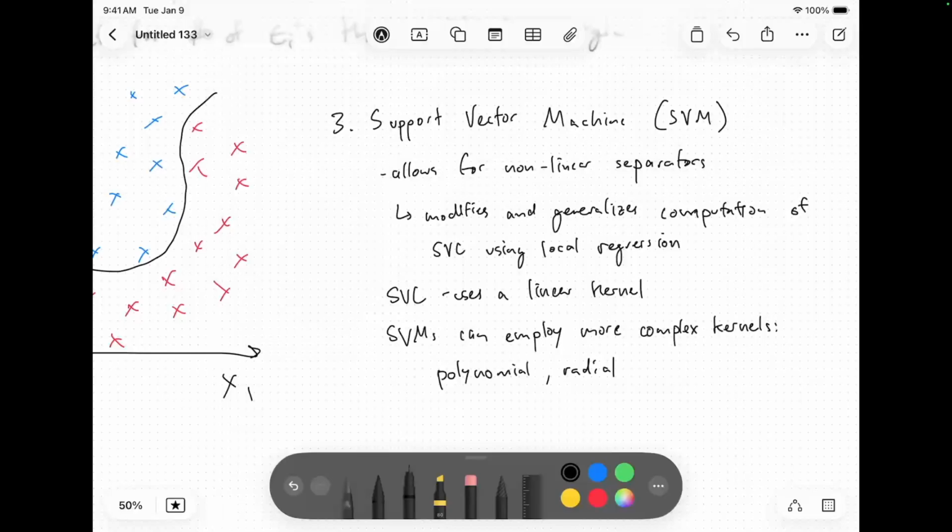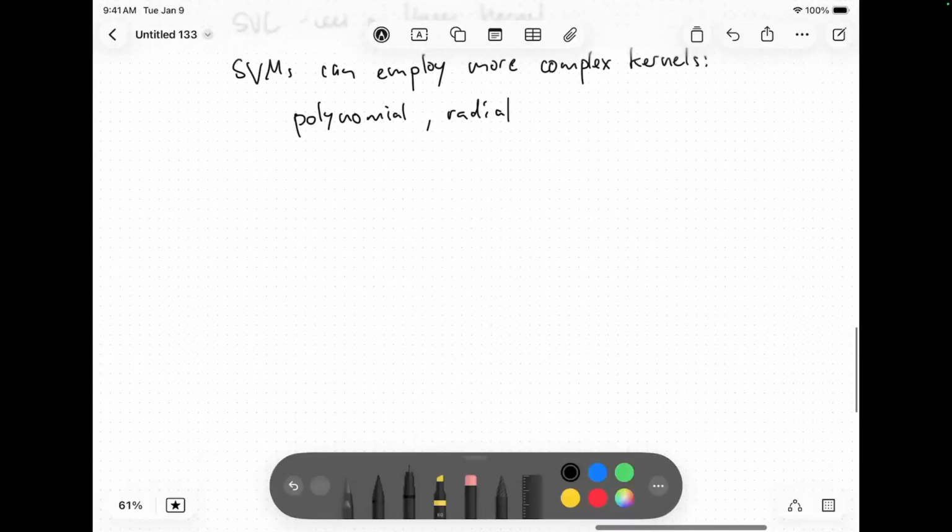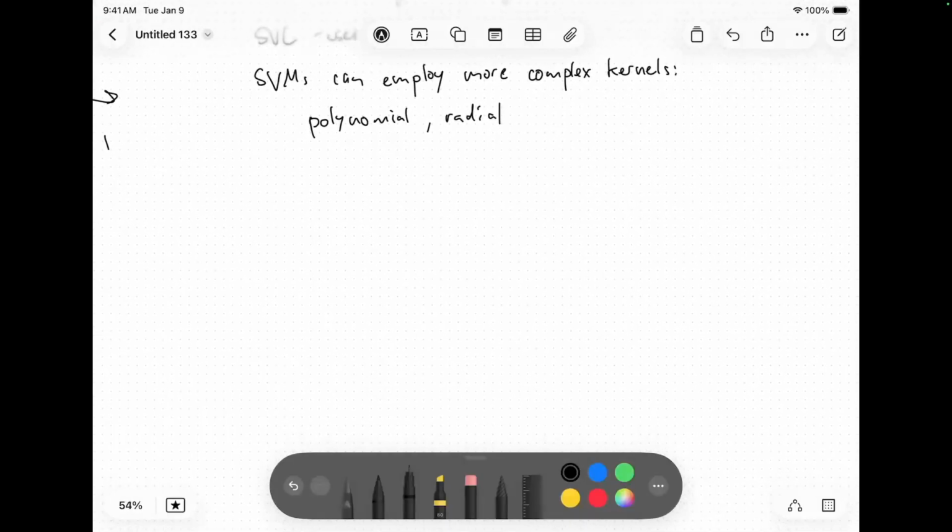So one little thing to pay attention to is that most machine learning libraries use a different formulation than the one that we've been talking about. So instead of maximizing the margin, it will instead minimize. Yeah, so we don't really need to get into the guts of this here, but just to show you guys.